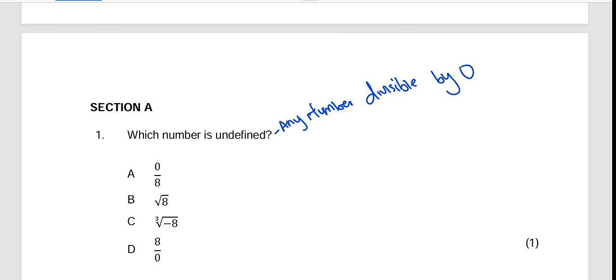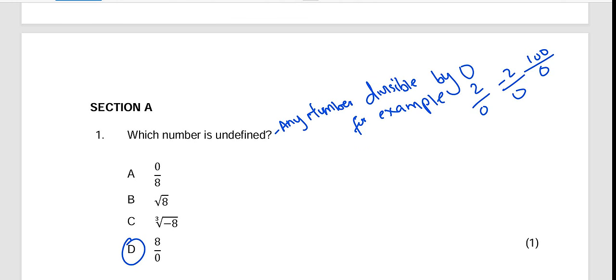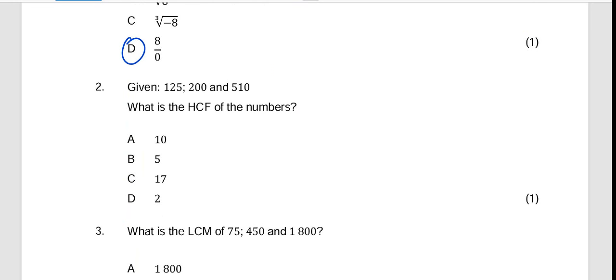Whenever you see a number that has been divided by 0, just know that it is an undefined number. For example, it could be 2 over 0, minus 2 over 0, or 100 over 0. So let's check our given options there. Any number that is divisible by 0, the answer is D. So let's proceed to number 2.